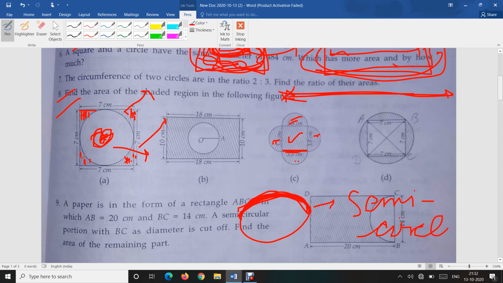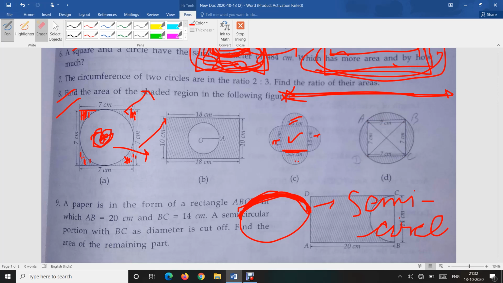Here this is a circle and this is a square within this circle, and you have to find the area of the shaded portion. Here the side of the square is given as 7 centimeter. So you can find the area of the square easily by applying the formula side square.